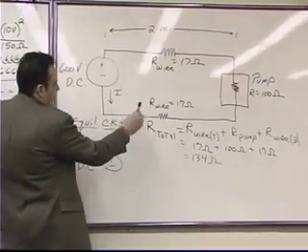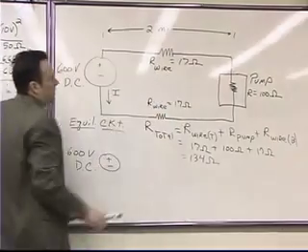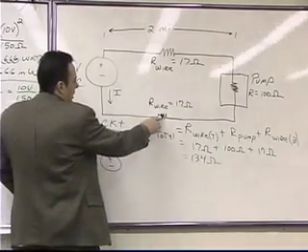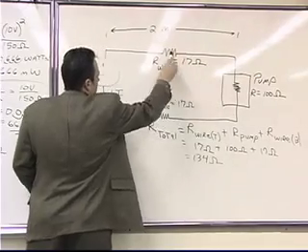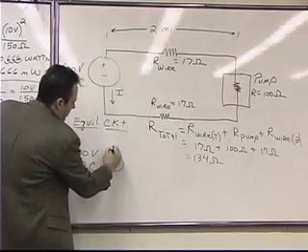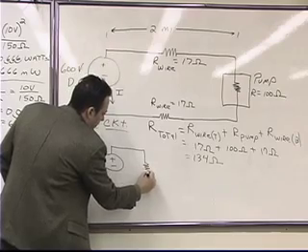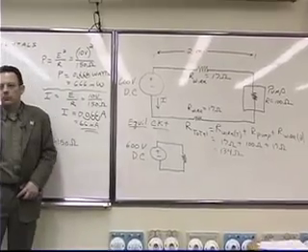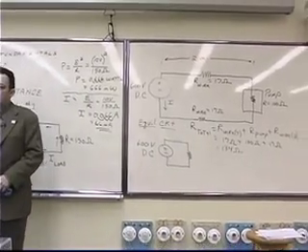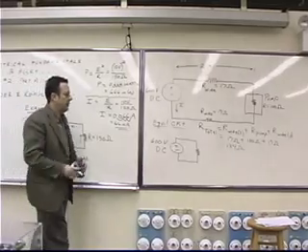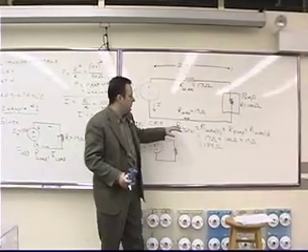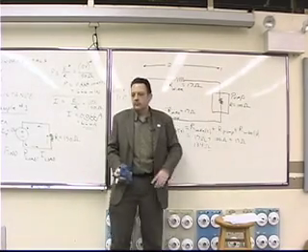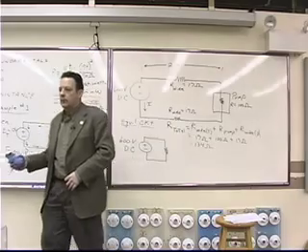And rather than having three individual resistors representing one piece of wire, the pump, and another piece of wire, we are going to have one single resistor which represents all of them. The reason that we can do this and get away with it is because when we add series resistors, we simply add them algebraically. 10 plus 10 plus 10 is 30.